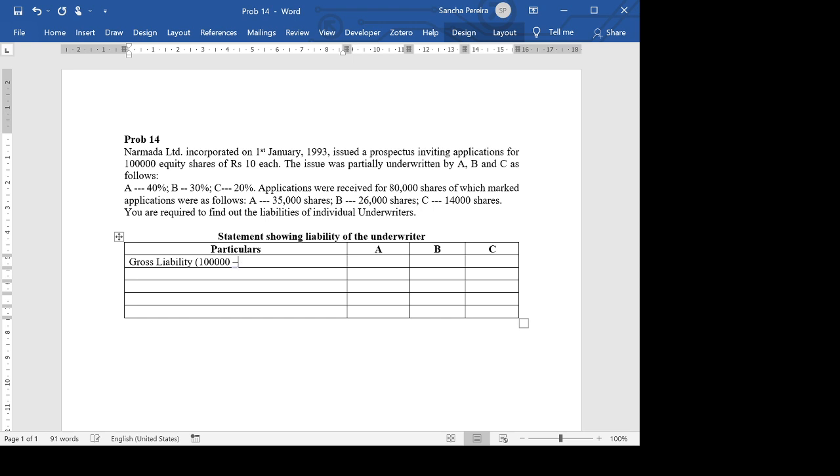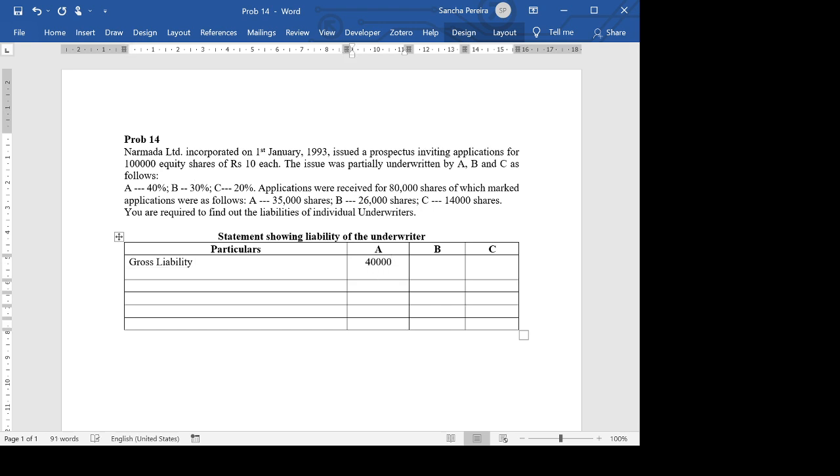We can't divide it in the ratio because the entire 1 lakh is not underwritten. So I just have to say what is 40% of 1 lakh. That becomes 40,000. I can't divide it in that ratio because it's not the entire issue that's underwritten. So it's going to be 1 lakh into 40%.